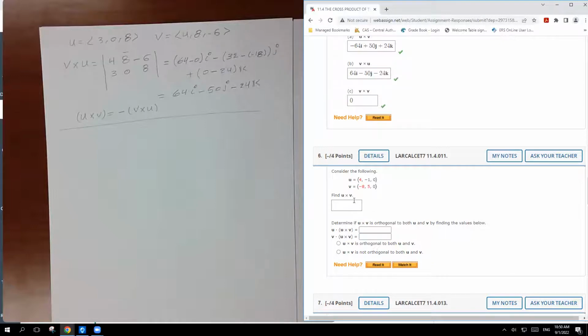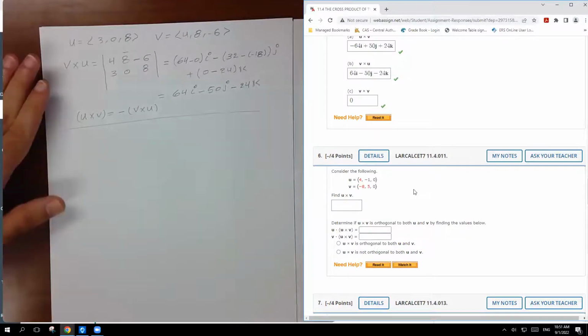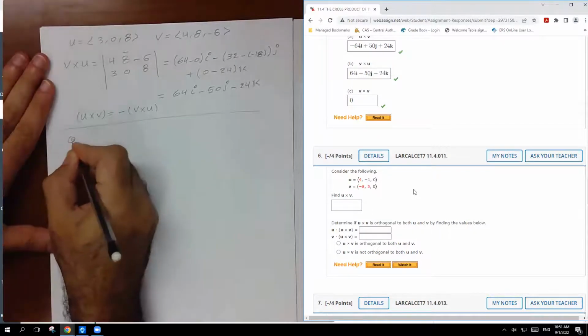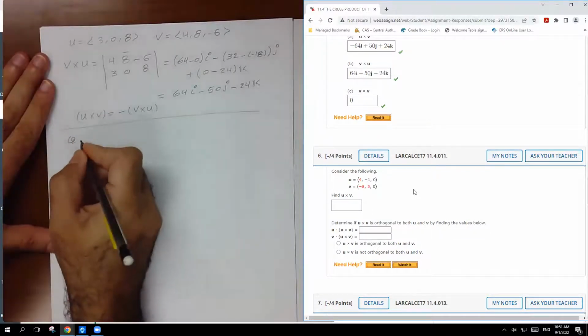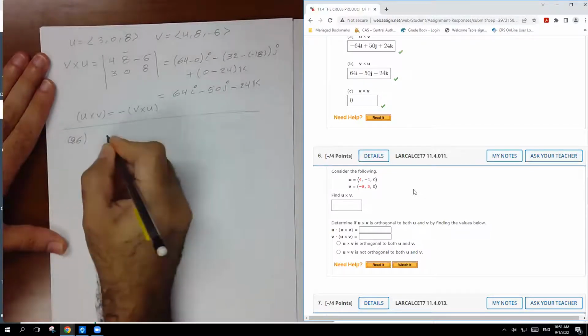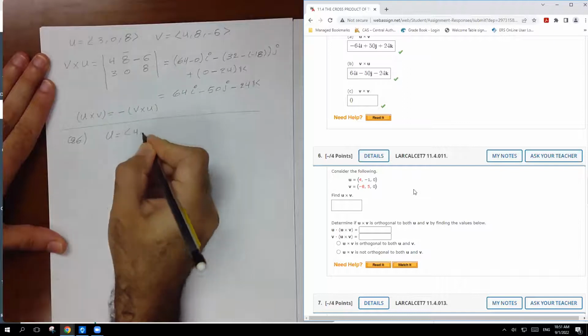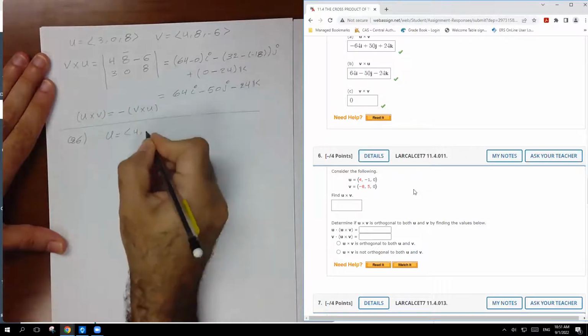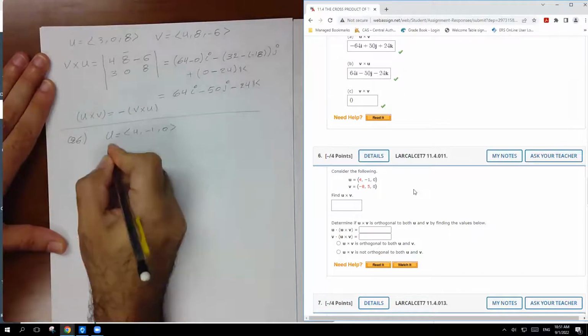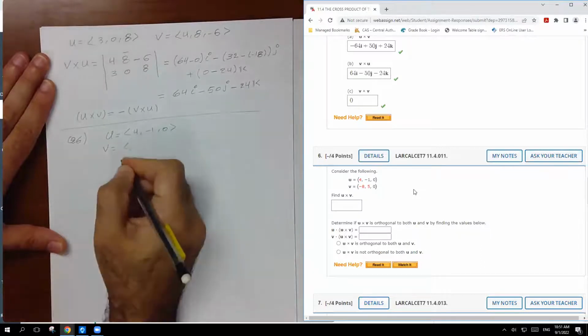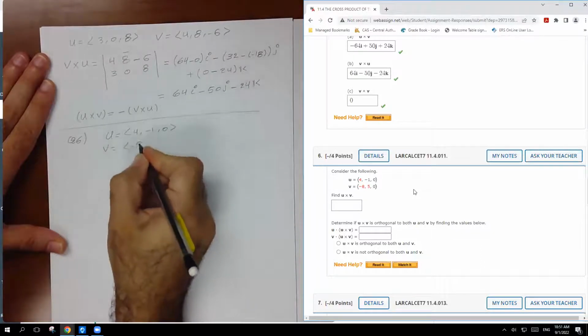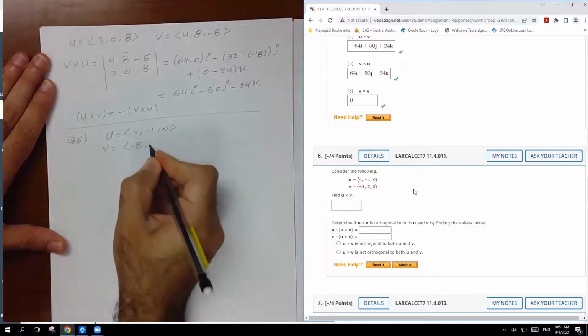So the first thing, I'm going to find the cross product between u and v. u equals 4, negative 1, and 0. And v equals negative 8, 5, and 0.